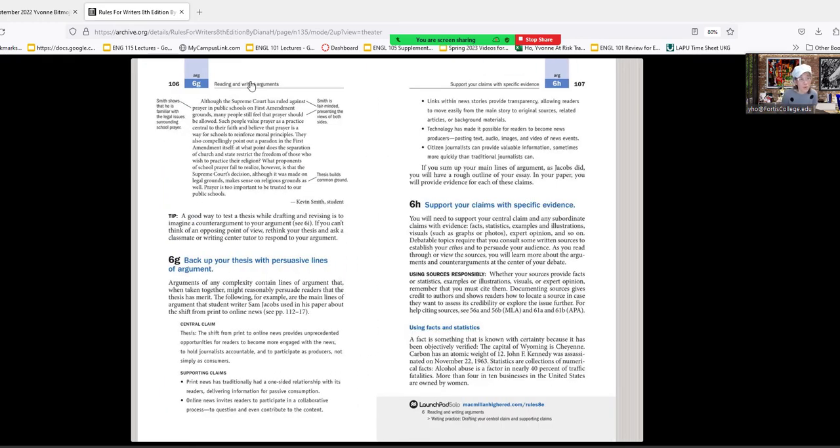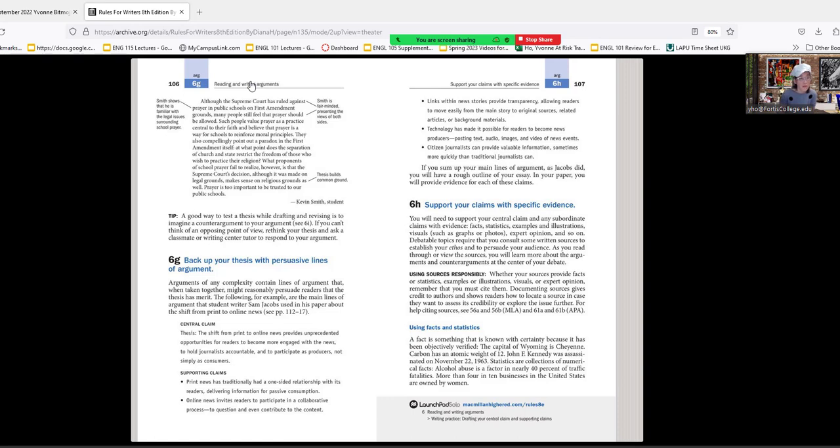Although the Supreme Court has ruled against prayer in public schools on First Amendment grounds, many people still feel that prayer should be allowed. Such people value prayer as a practice central to their faith and believe that prayer is a way for schools to reinforce moral principles. They also compellingly point out a paradox in the First Amendment itself. At what point does the separation of church and state restrict the freedom of those who wish to practice their religion?